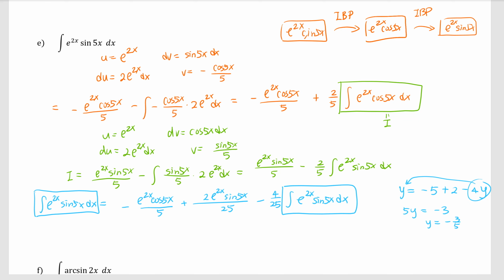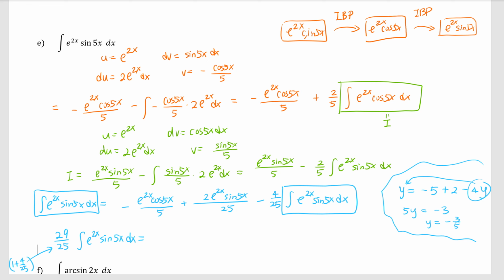Here, it's the same thing. The rectangular box is like the y. So we move this term to the left. Then you have 1 plus 4 over 25, that is 29 over 25 of the integral of e to the 2x sine 5x dx. Why do we get this? Because this is 1 plus 4 over 25.